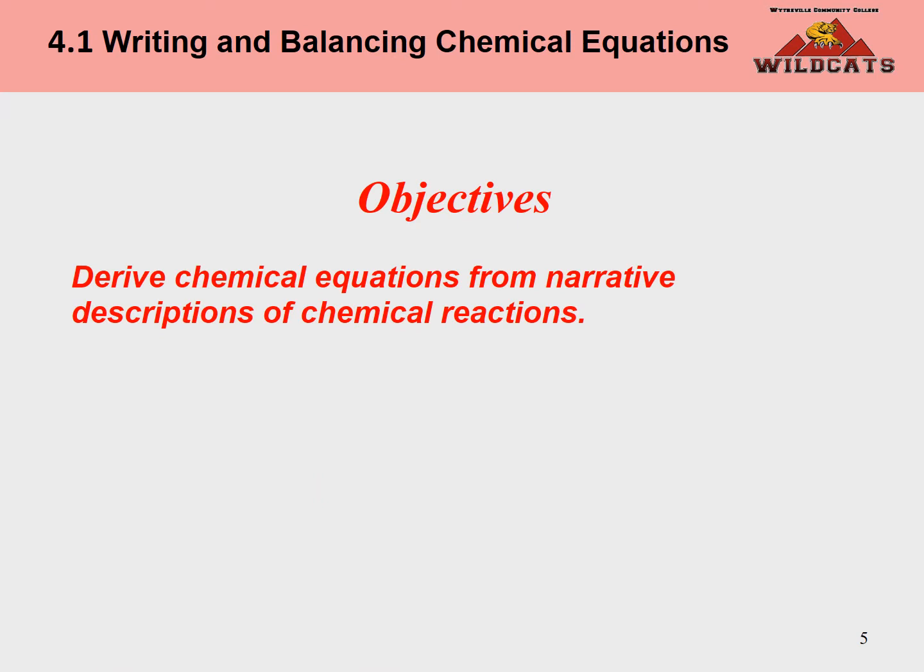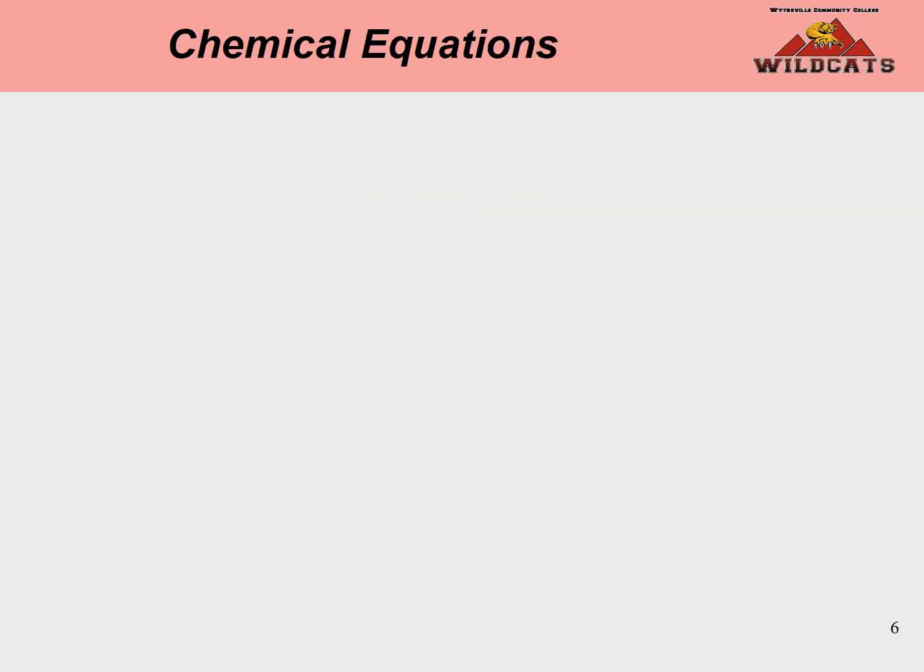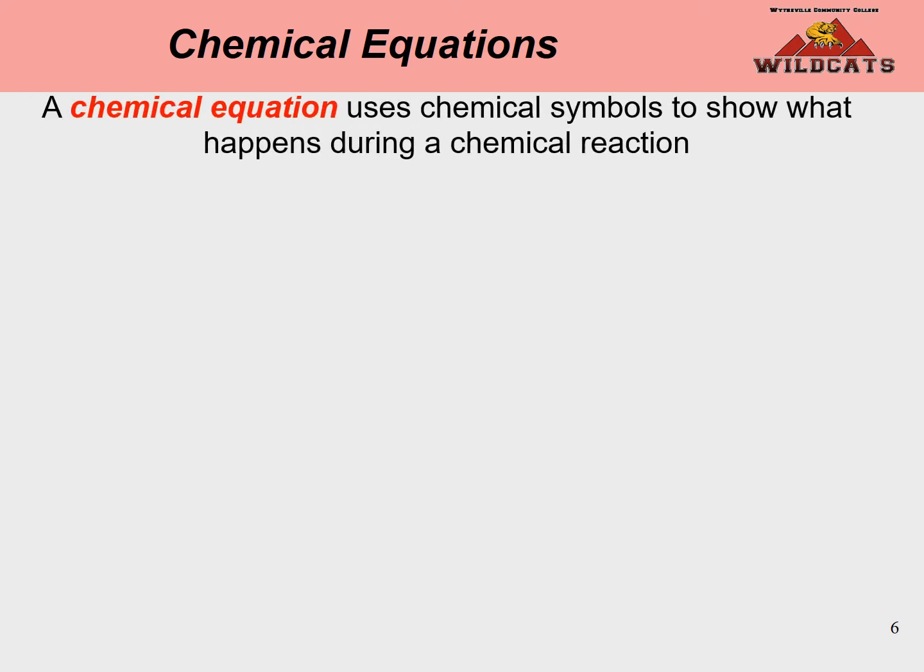So in section 4.1, we're going to basically come up with some chemical equations and basically start to learn how to balance them. So with our chemical equations, a chemical equation uses chemical symbols to represent what happens during a chemical reaction.